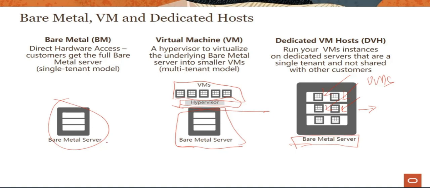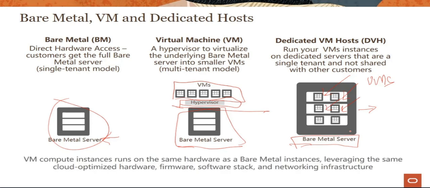In the case of a bare metal machine, you have to manage your own hypervisor and install it. So you definitely get more flexibility, but you have to do extra work. Right here with dedicated VM host, we do the extra work for you. You get the single tenant model, and then you can run the specific VM shapes on top of it.